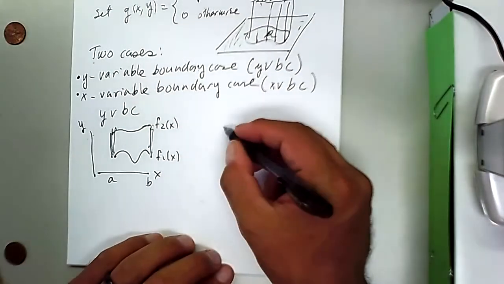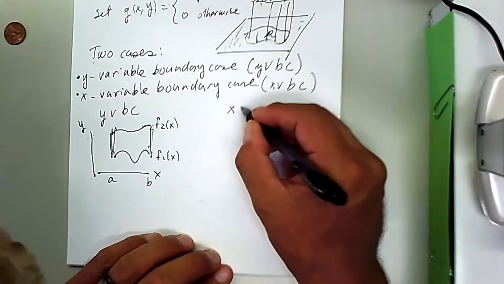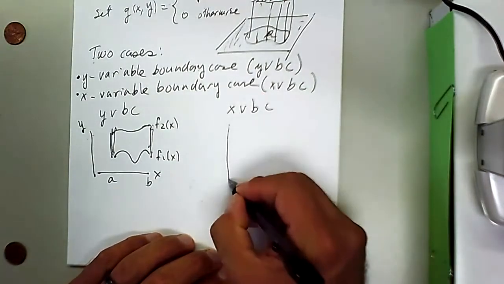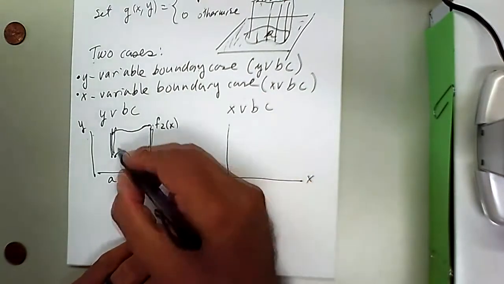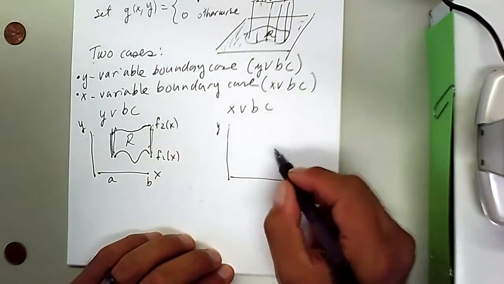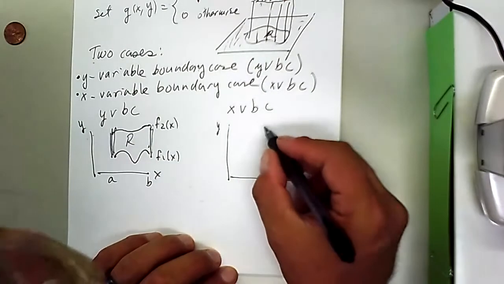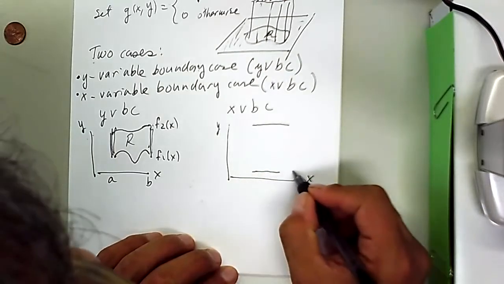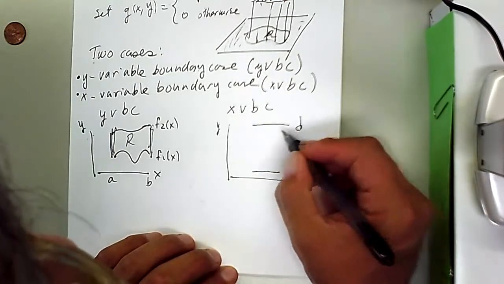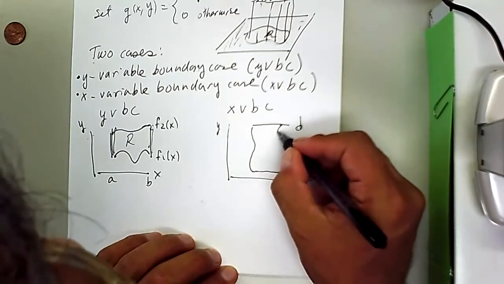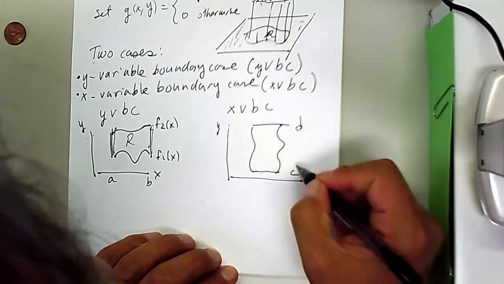Now, the X variable boundary case. This is just the generic region R. On the XY plane, it would look more typically like this. The top and the bottom are going to be constant, C, D, and the left and the right could vary.